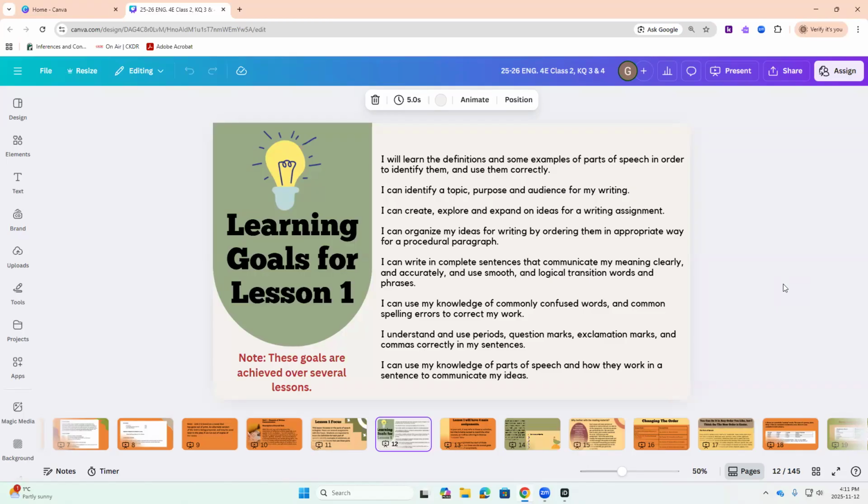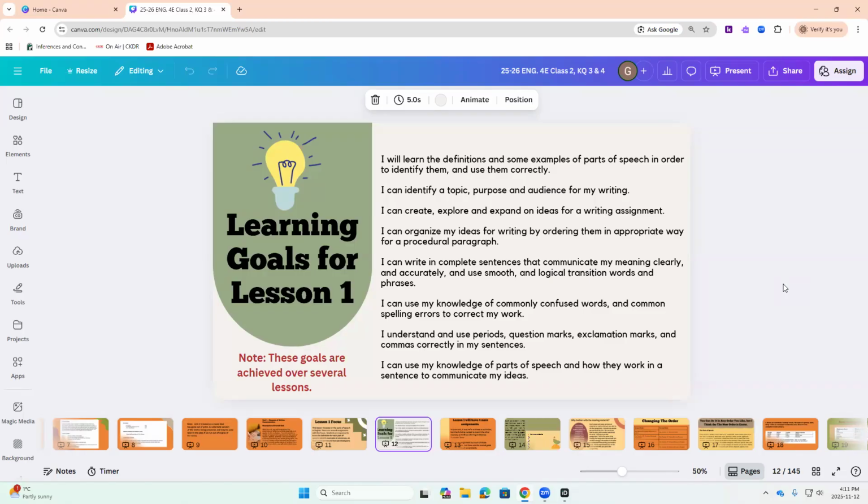I will learn the definitions and some examples of parts of speech in order to identify them and use them correctly. I can identify a topic, a purpose, and an audience for my writing. I can create, explore, and expand on ideas for a writing assignment. I can organize my ideas for writing by ordering them in an appropriate way for a procedural paragraph.